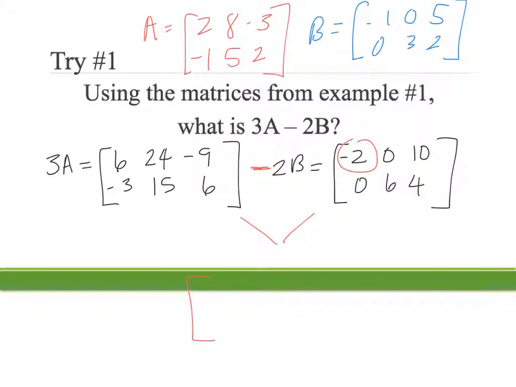That minus and then the negative here will actually make this 6 plus 2. So 6 plus 2 is 8. 24 minus 0 is 24. Negative 9 minus 10 is negative 19. Negative 3 minus 0 is negative 3. 15 minus 6 is 9. And 6 minus 4 is 2. So here's our final answer at the bottom.